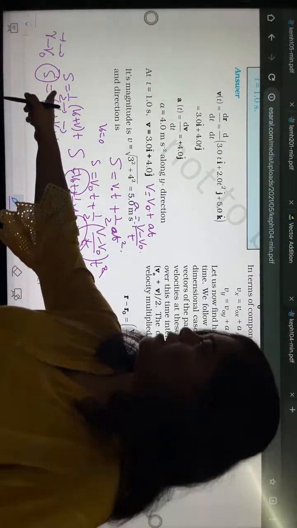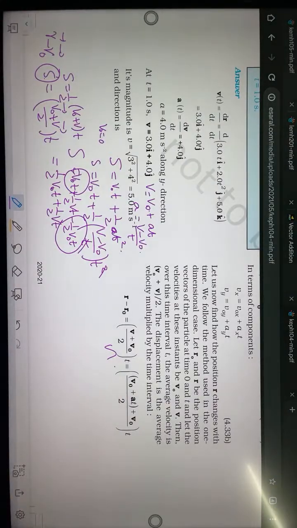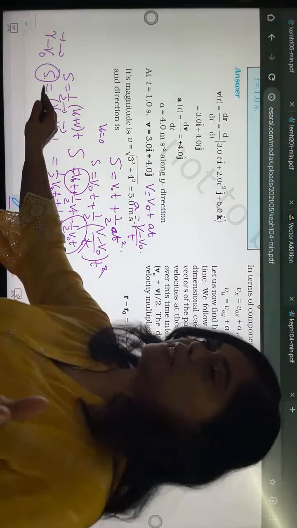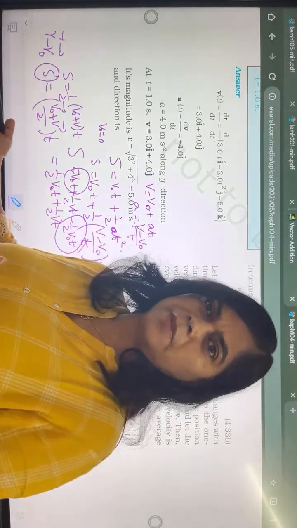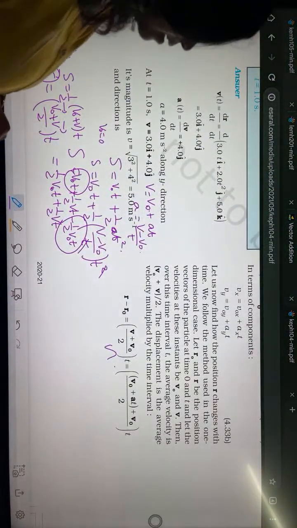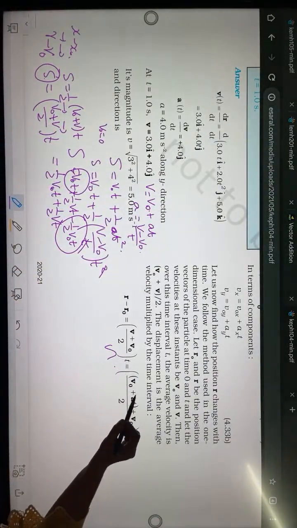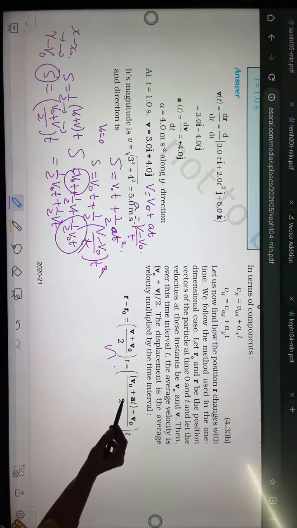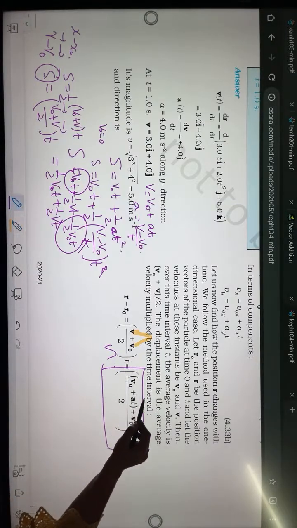This is the displacement vector, R minus R naught. In your book you might have seen, instead of this S you have written X minus X naught, right? Do you remember that? Yes. Here it's a vector, so R minus R naught is given as V plus V naught by 2 into T, or else in the place of V you can write V naught plus AT also.